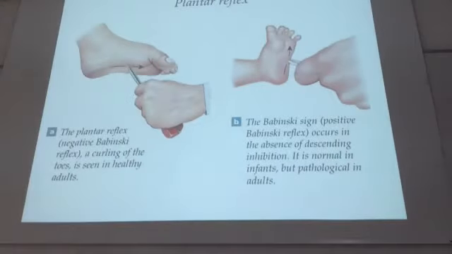in babies, because there is no inhibition to this reflex from the cortex, or from the brain over the spinal cord. And as we grow, a lot of spinal cord functions are inhibited by the brain, and you don't see them anymore.